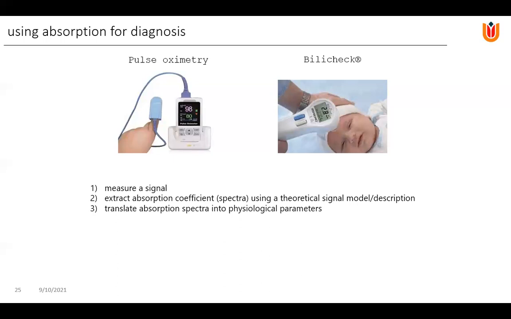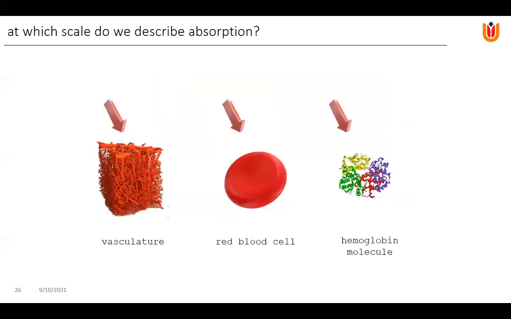So not just measure the absorption coefficient of oxygenated blood, or of bilirubin, but translate that into oxygen saturation and bilirubin levels. That will then be the next step.